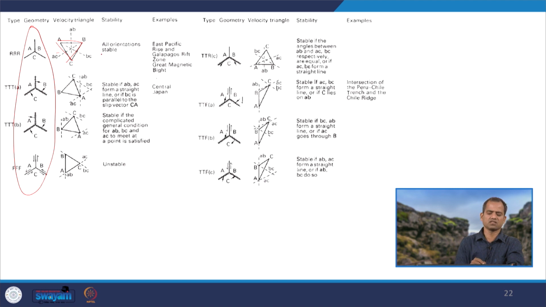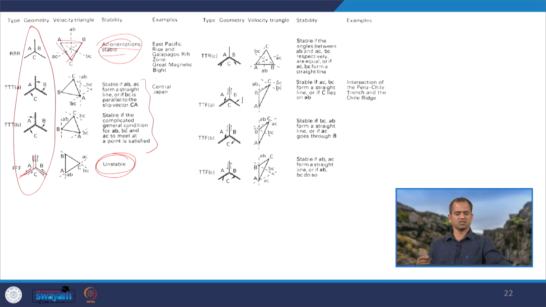You see, this one is stable in all orientations, that means it is always stable, and if it is FFF, three transform faults meeting, it is always unstable. For TTT, it is stable under this condition, or if certain conditions change it will be stable, as discussed here.